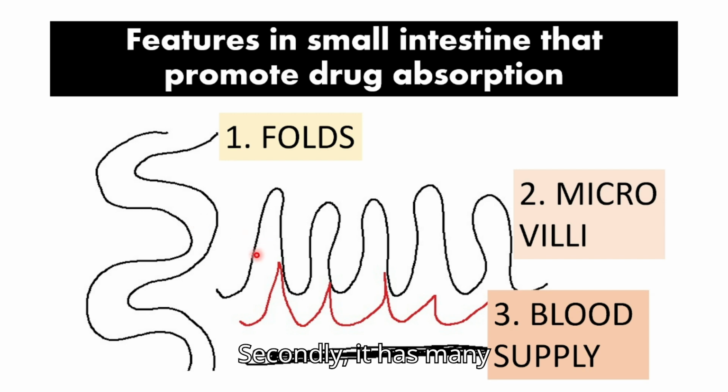Secondly, it has many microvilli or villi, and this increases the surface area, and this increases the rate of drug absorption. Thirdly, the blood supply to the small intestine is very good, and this increases the rate of absorption of drugs in the small intestine.